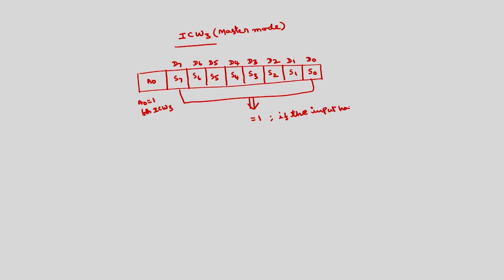I will explain what is meant by this. It is 0 if the input does not have a slave.